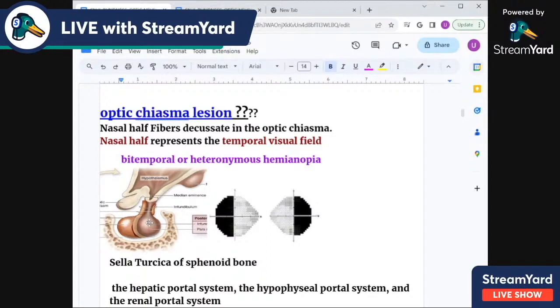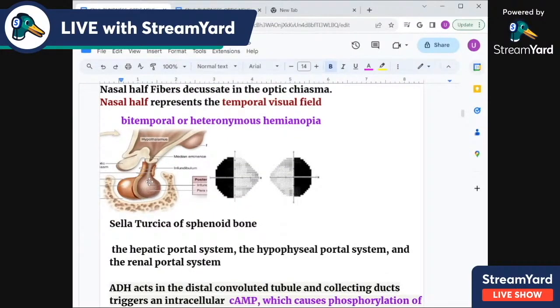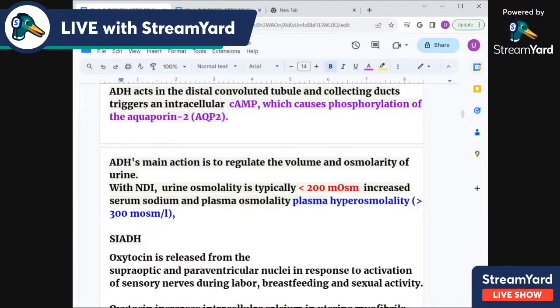So these two hormones, oxytocin and vasopressin. Vasopressin's other name is ADH. What is the function of ADH? ADH maintains the blood volume and blood pressure. How does it do that? ADH causes water reabsorption from the DCT and collecting duct. In its absence, urine becomes hyperosmolar.